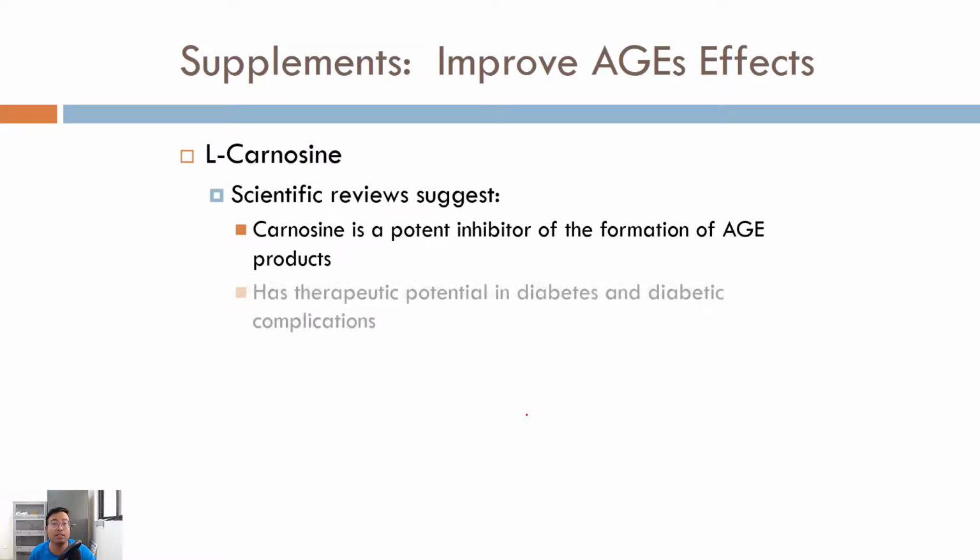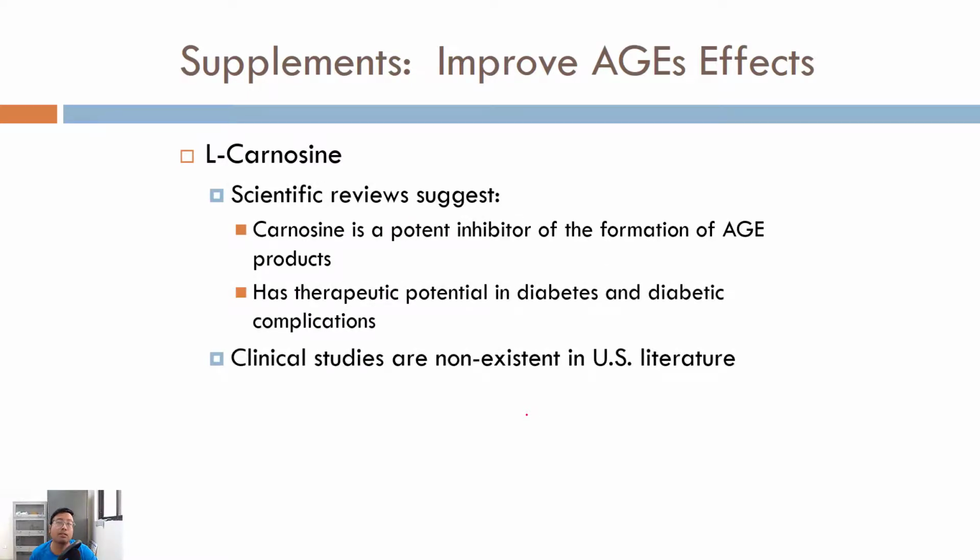Next, L-carnosine. Multiple reviews regarding carnosine have also shown it to be a potent inhibitor of the formation of AGEs, and it has therapeutic potential in diabetes and diabetic complications. But the studies are mostly in Korean and Chinese texts, and basically non-existent in US literature. And you know, all the drugs are US FDA approved when it comes to Indian adoption.